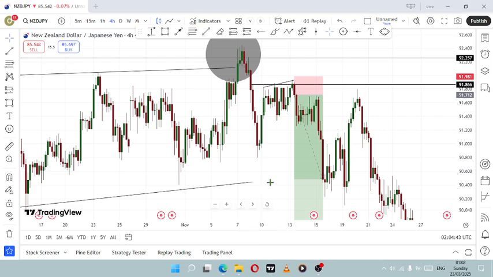Now, structure. Let's look at it on the 1 hour, because even a 4-hour structure is supposed to be a 1 hour structure.